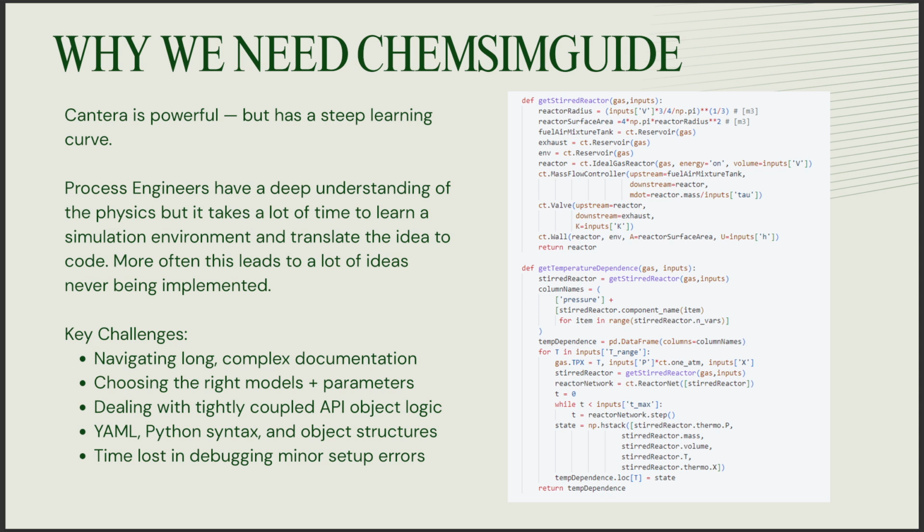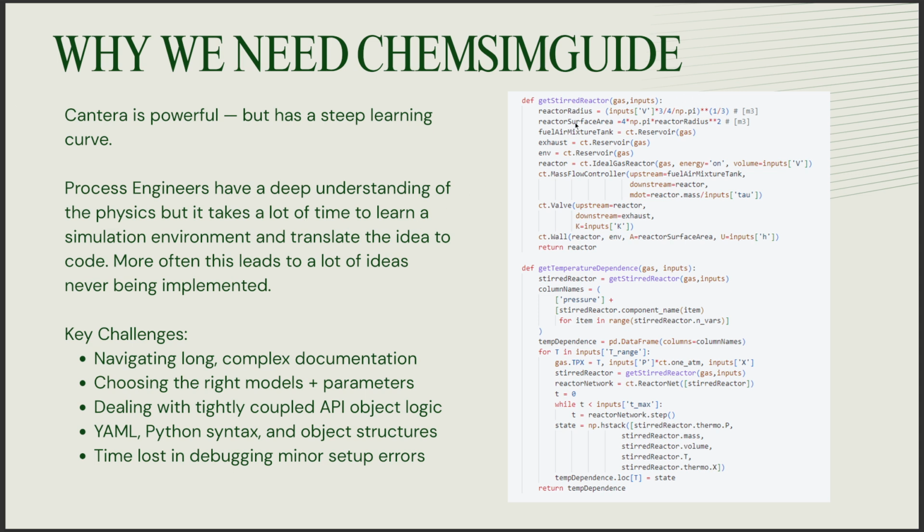Users must navigate extensive documentation, master complex API object interactions, choose the right thermodynamic and transport models and functions that work for them, and also work with YAML and Python based interfaces. Even really small mistakes like incorrect object sequences or parameter formats can derail progress and cause big errors.